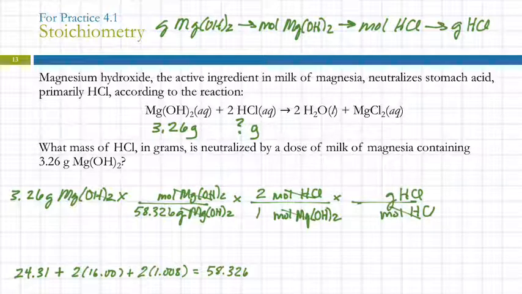Then over here, we need the molar mass for HCl. So that's going to be hydrogen plus chlorine. So that's going to be 36.458. Again, let's not worry about exactly how many sig figs that has because it's got plenty.